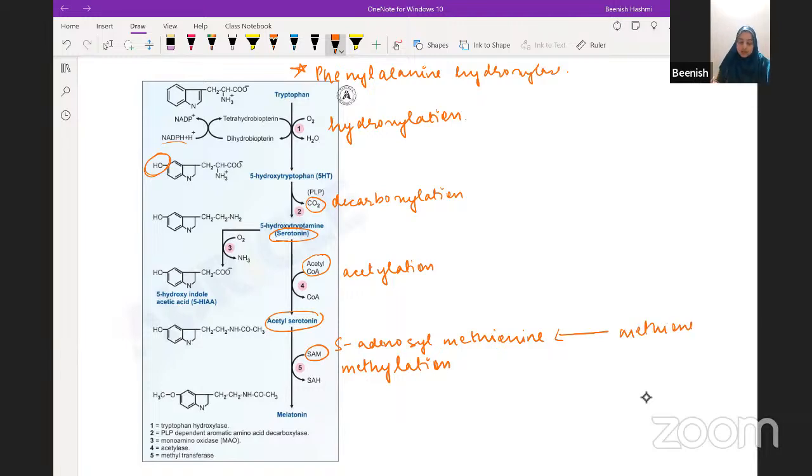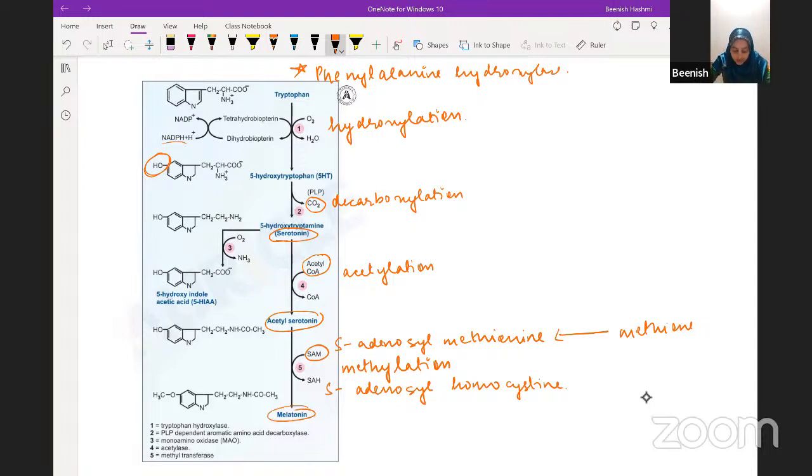S-adenosyl methionine, which is the methyl donor, is changing into S-adenosyl homocysteine. After acetyl serotonin is methylated, melatonin is formed.